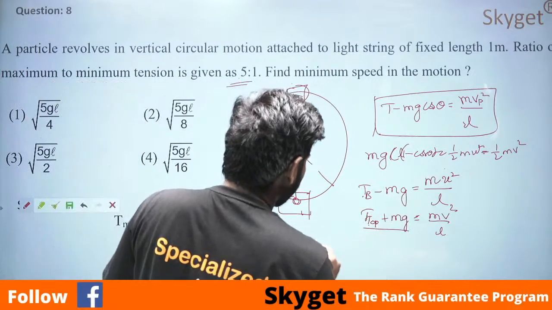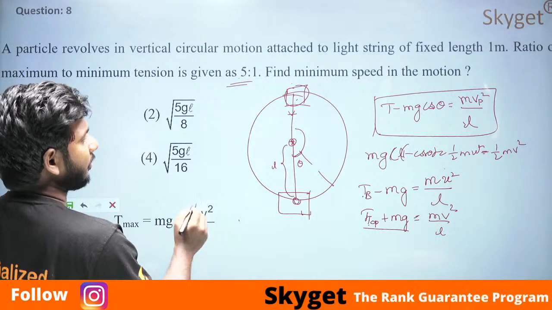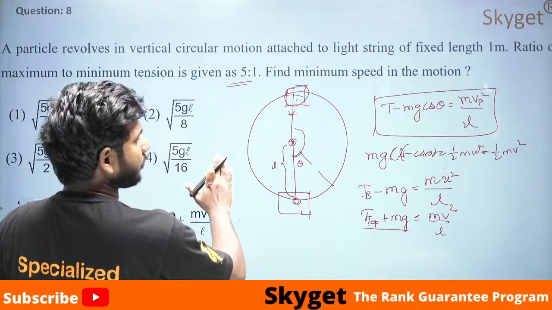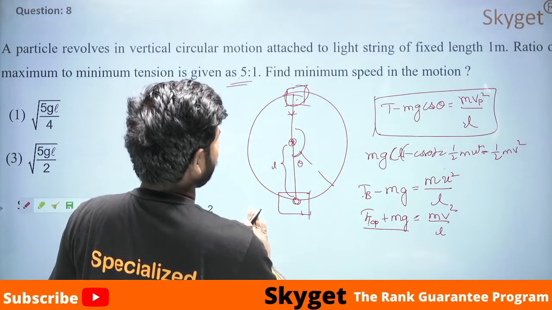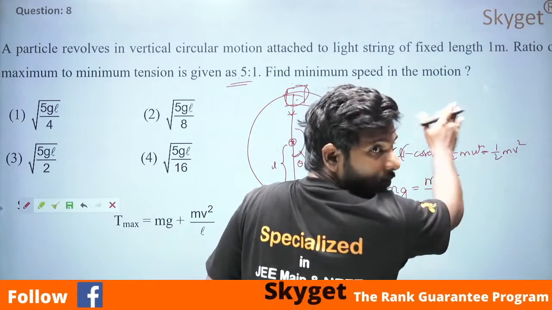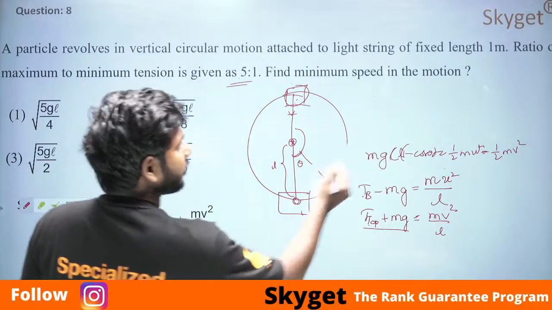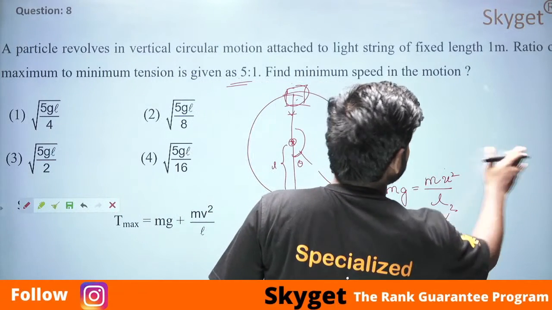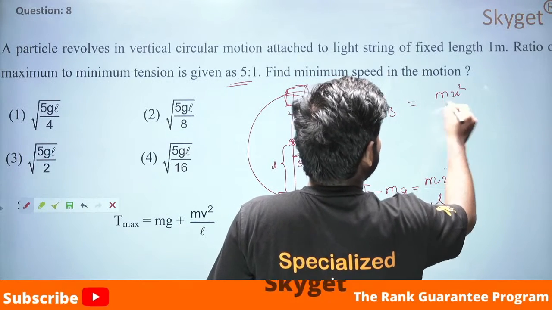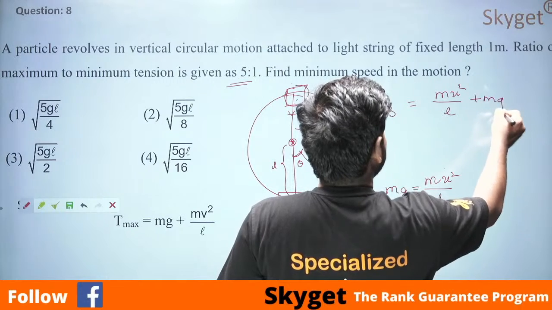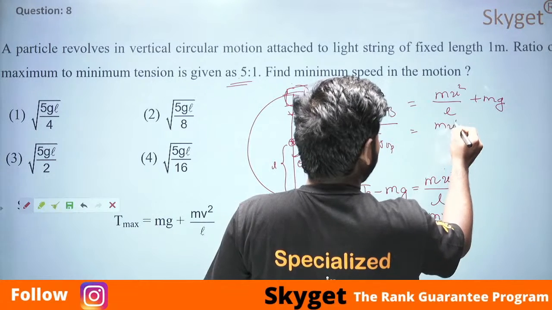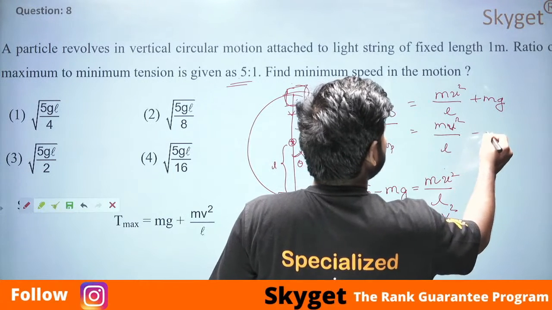So T_b is equal to mu square by L plus mg, and T top is equal to mv square by L minus mg.